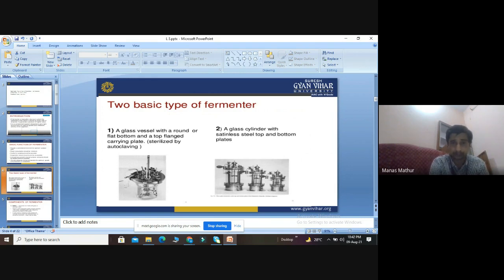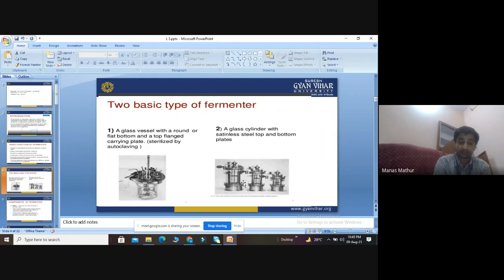The first is a glass vessel with a rounded flat bottom, and the top is covered by a carrying plate, so it is totally autoclavable. The second type is a glass cylinder with stainless steel top and bottom, covered by two stainless steel plates. So these are two basic types of fermenter.